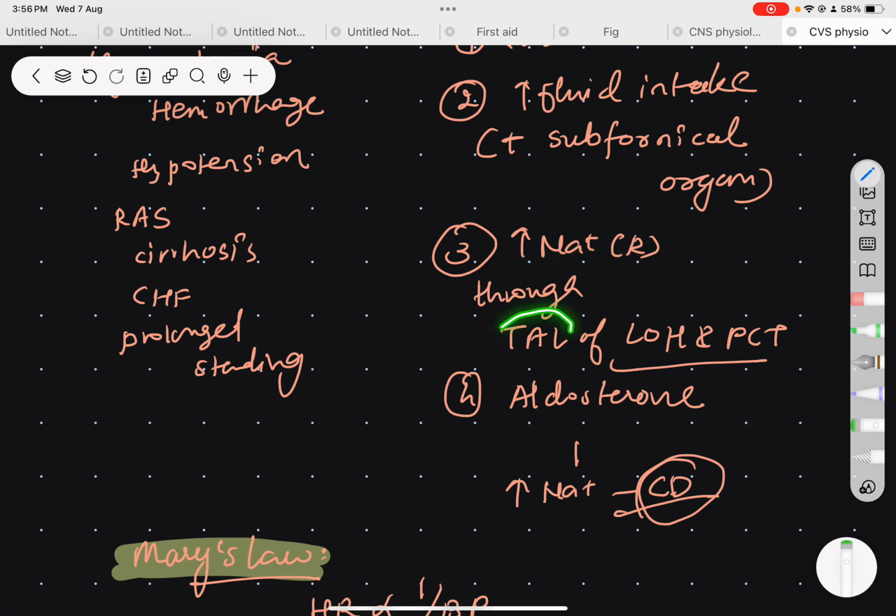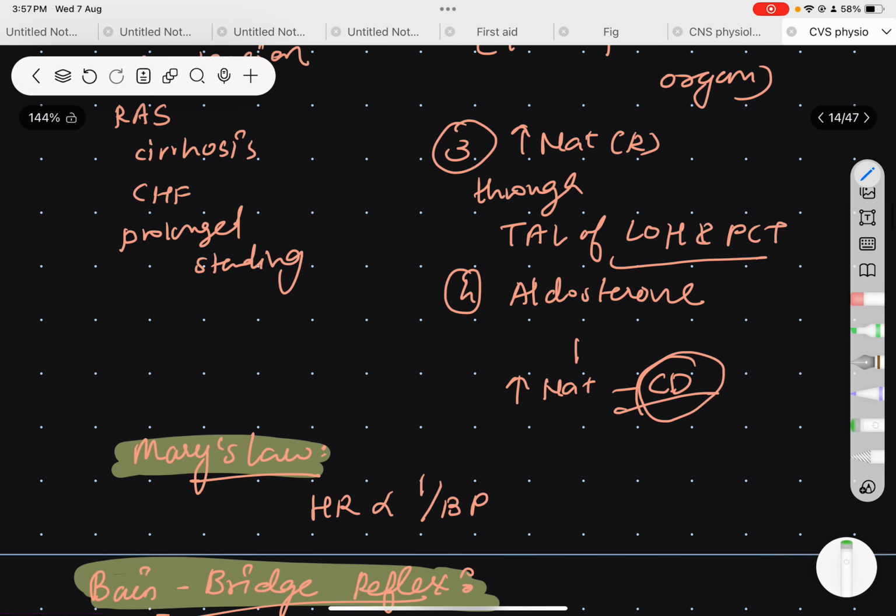reabsorption through the thick ascending loop of Henle, and aldosterone release, and it will cause increase in sodium absorption from the collecting duct, and it will cause increase in blood volume.